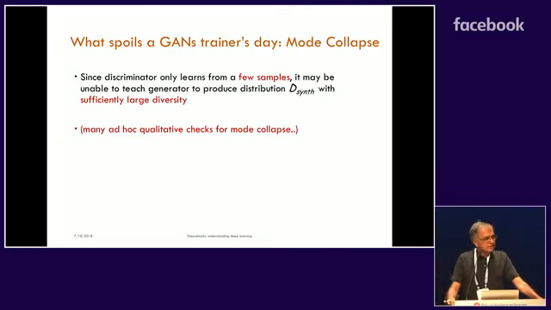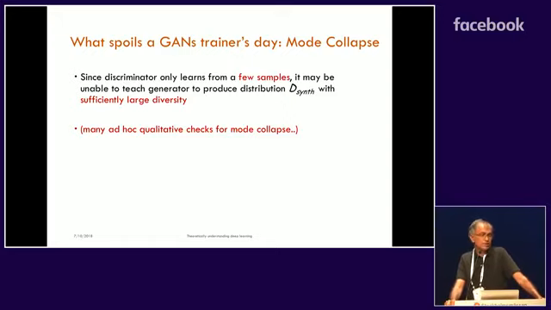But even if you achieve that goal, are you done? Well, what can spoil a GAN trainer's day is mode collapse: the distribution that the generator has learned does not have enough diversity. The typical way this is understood is that since the discriminator only learns from a few samples, it may be unable to teach the generator to produce a distribution with sufficiently large diversity.